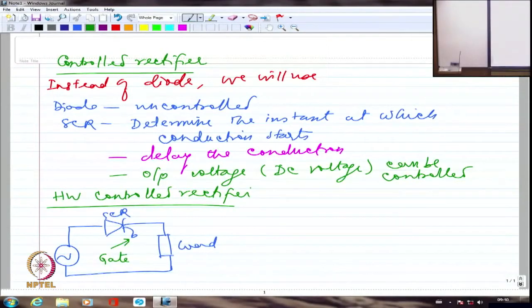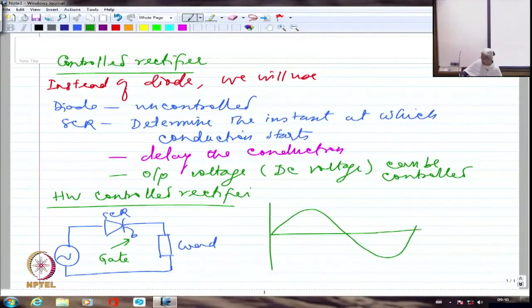Right? So if we are looking at a resistance load, just a pure resistance load, if this is my sinusoid, when it was a diode, we were talking about the entire positive half conducting from here to here. Whereas if I am going to have a thyristor, I am going to turn on this SCR. So this is the gate pulse that I am giving at an angle alpha.